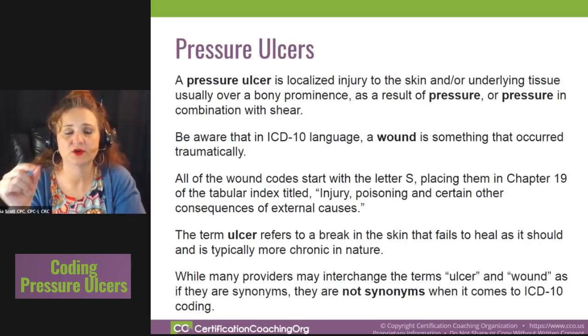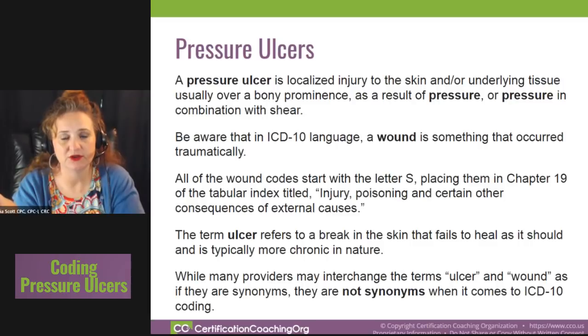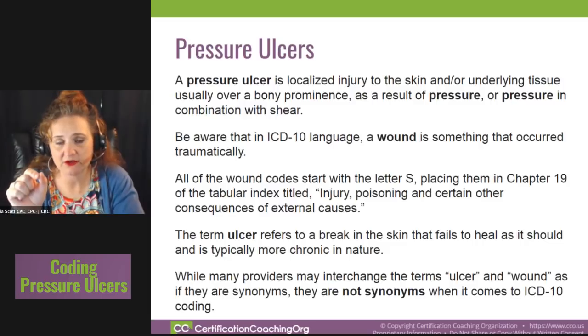So if you're going to code wounds, those are S codes, right? You're going to find those in the index under S codes. Ulcers, though, are going to be L codes, and they really ultimately mean that you've had that breakdown of the integumentary system.